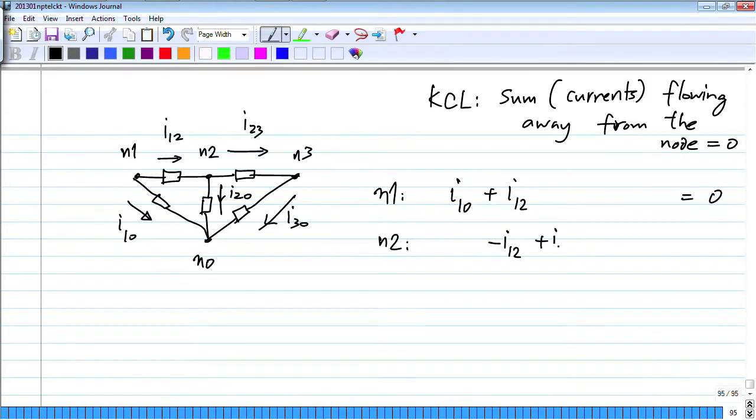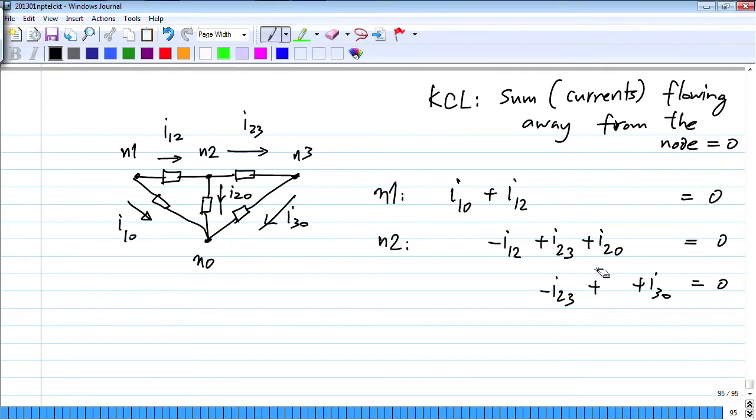Minus I12 plus I23 plus I20 equals 0. Finally, at node N3 we have I23 flowing in, which is the same as minus I23 flowing out, and I30 also flowing out. So I have minus I23 plus I30 equal to 0. That is at node N3.